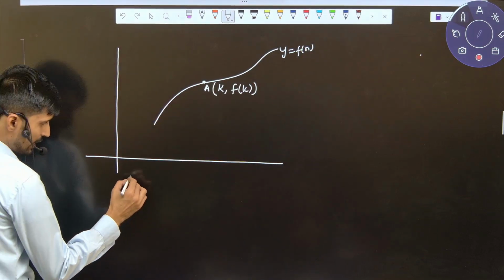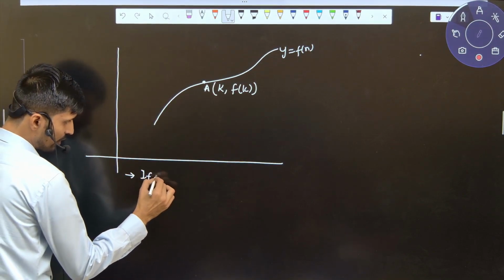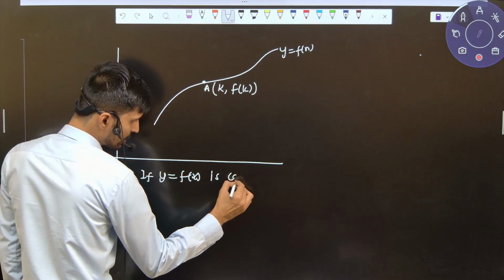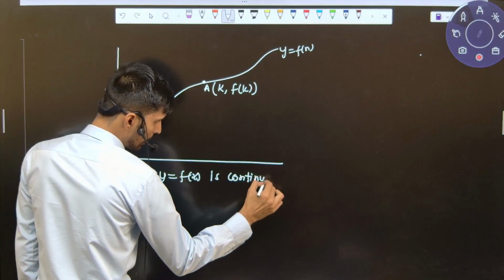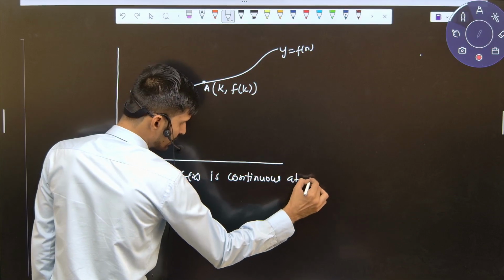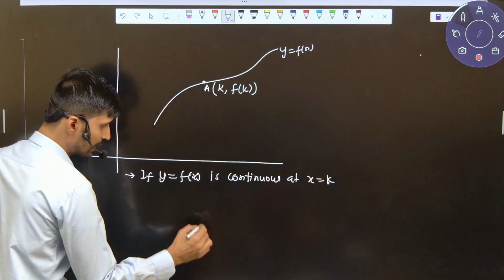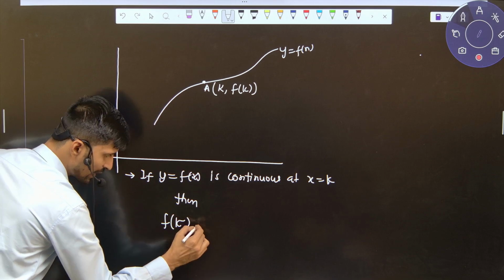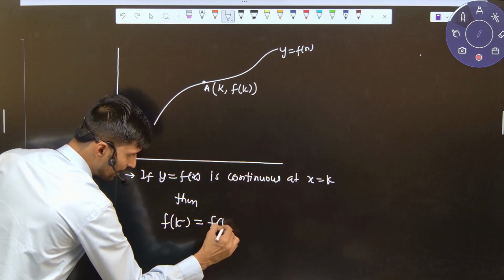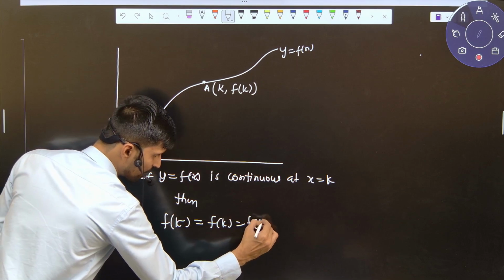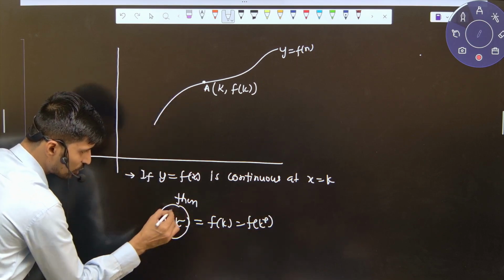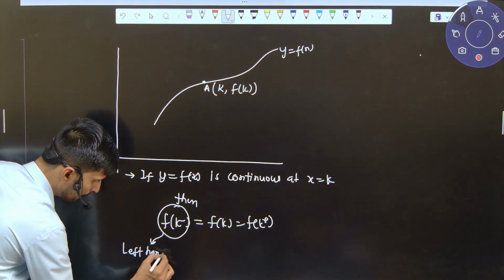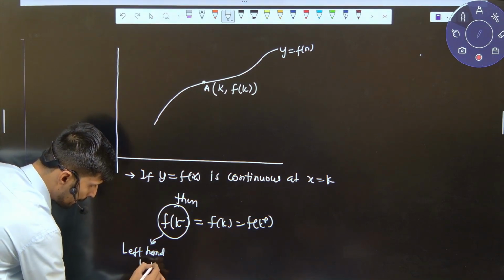Okay, so we'll say if y is equals to f of x is continuous at x is equals to k, then f of k minus is equals to f of k is equals to f of k plus. This value we say left hand limit.